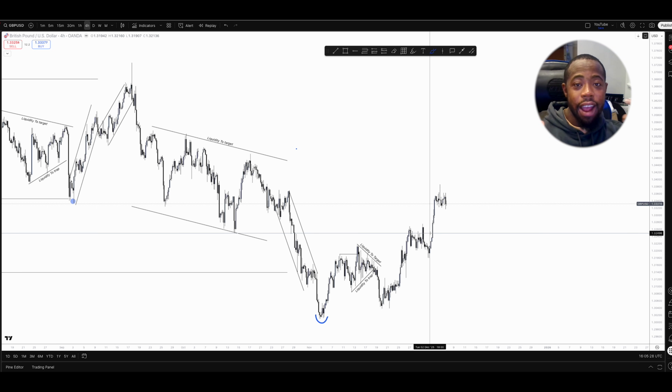Without either of them, it's very hard to work out where to enter a trade. To work out a trade setup, you need your liquidity to be trapped so you can enter, and you need your liquidity to target so you can exit. Those are the two key factors that you need when you're looking at a trading system.